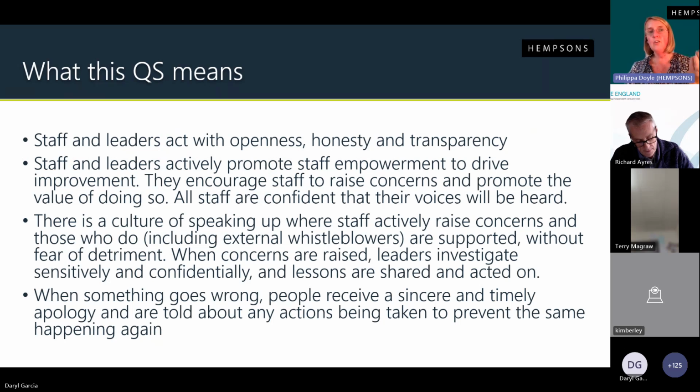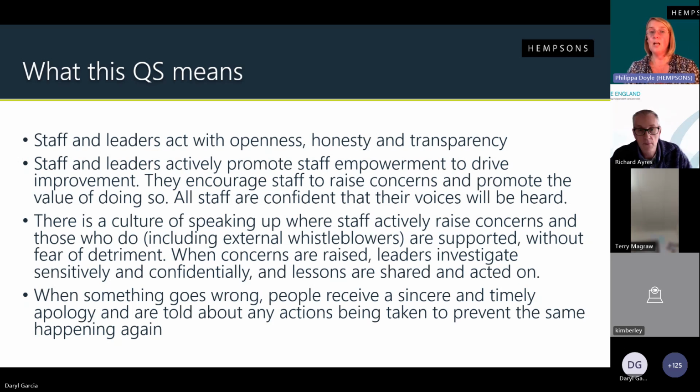So what CQC are looking for in this quality statement is they're looking to see that staff and leaders are acting with openness, honesty and transparency, that they're actively promoting staff empowerment to drive improvement. So they're looking for those concerns, that feedback to be raised. They're looking to see that staff are confident that their voices will be heard, and they're happy to say something because they know that they'll be listened to.